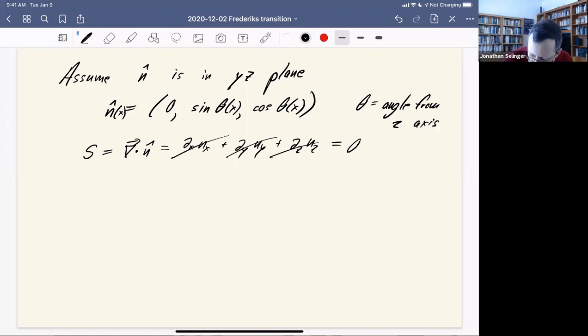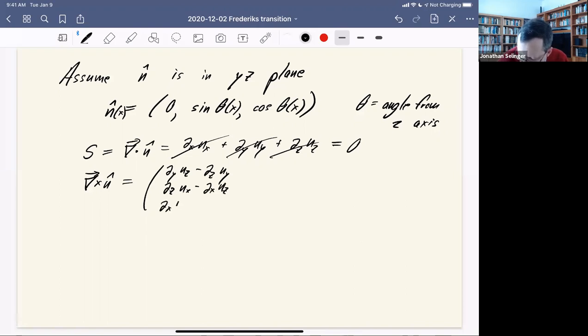How about the twist and the bend? Well, they both involve the curl of n. Okay, so the curl of n, let's see, that's dy of nz minus dz of ny, and dz of nx minus dx of nz, and dx of ny minus dy of nx.